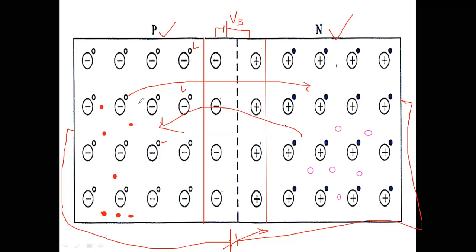Likewise, holes move from the p side to the n side. So current will flow. So we have to draw the characteristics between voltage and current for the PN diode. Okay, so let us talk about this in the next class. So this is all for today's class, right?